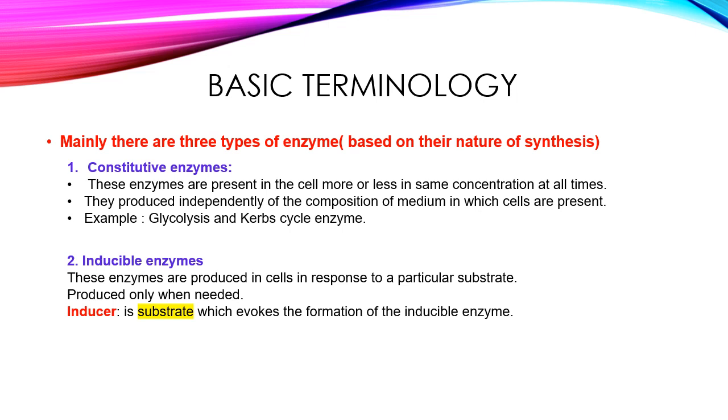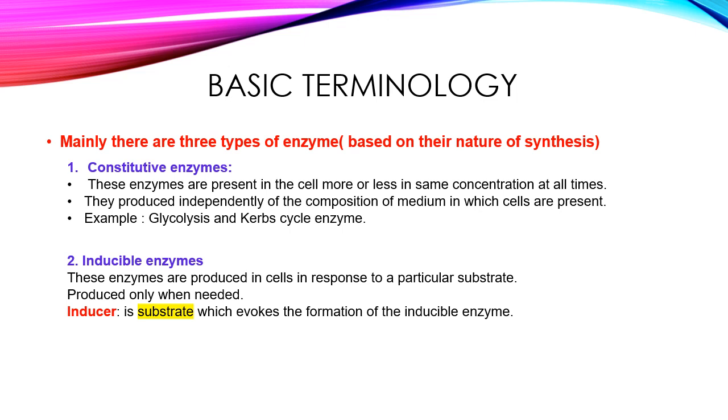These are inducible enzymes. Now concentrate on the word inducible. Inducible enzymes are the ones which are produced in the cell in response to a particular substrate. So these are not always present in the cell.